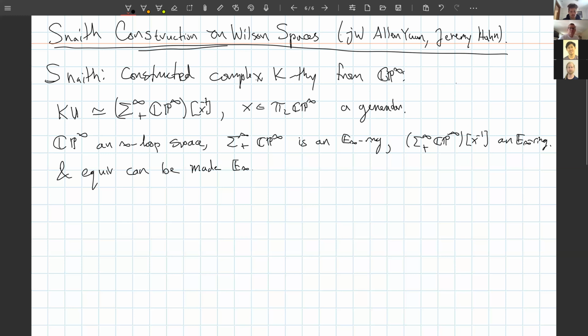So Snaith also showed that MUP is equivalent to suspension infinity plus of BU with the degree 2 class inverted.